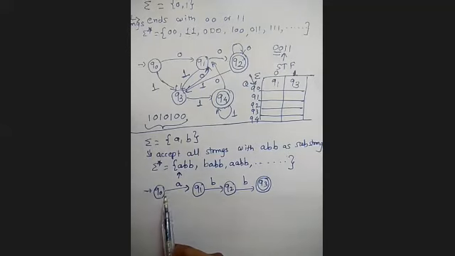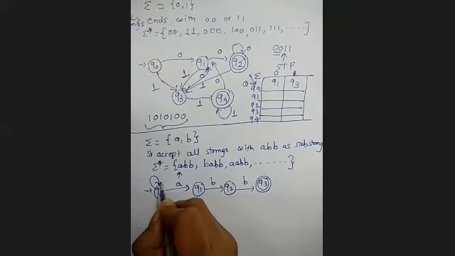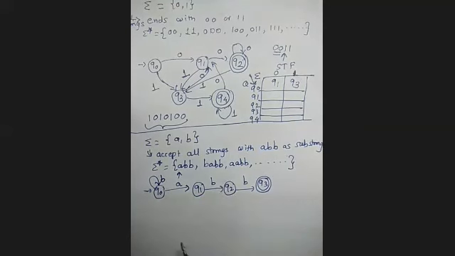Q0 on B, to which existing state should the transition go, so that this is our string BABB? Many students have given the correct answer: it should remain in the same state. Any number of Bs can come when you start with the initial state, and it remains in the same state because we want to check for the substring ABB, no matter how many Bs come initially. So the transitions from Q0 are done.